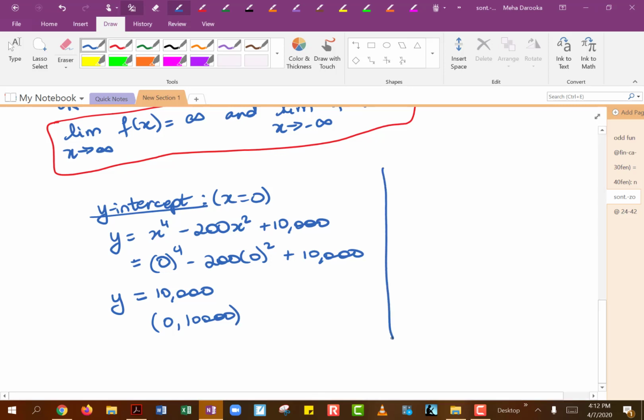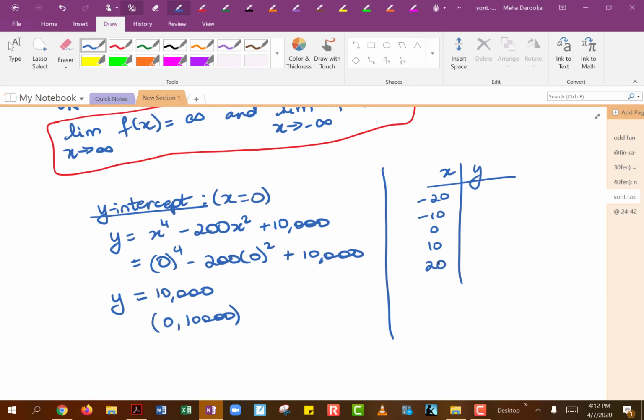So this is actually going to be an unusual graph just because our numbers are so large in here. But I'll show you how we'll need to make adjustments on this graph over here. So instead of using 1, 2, 3 for our x values, I'm actually going to go a little bit higher this time and do 0, 10, 20, and then of course negative 10 and negative 20.